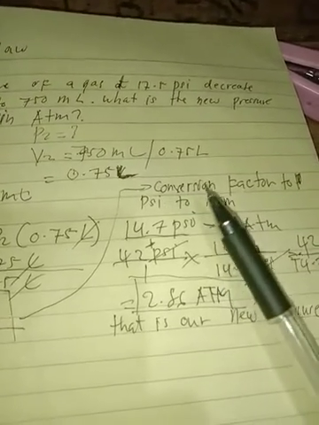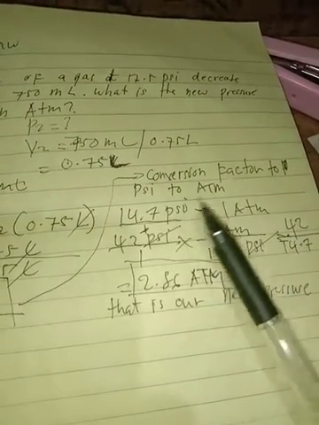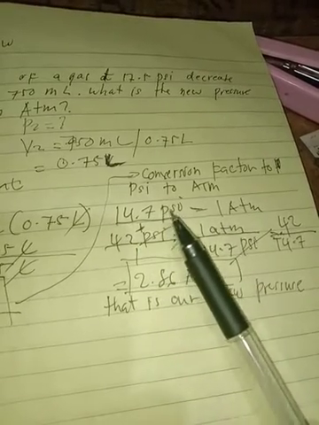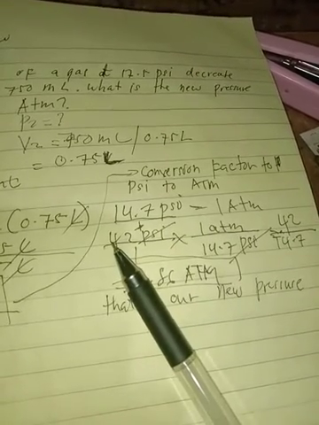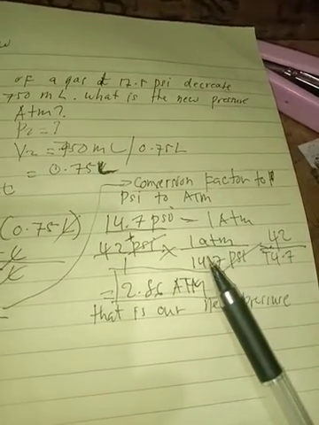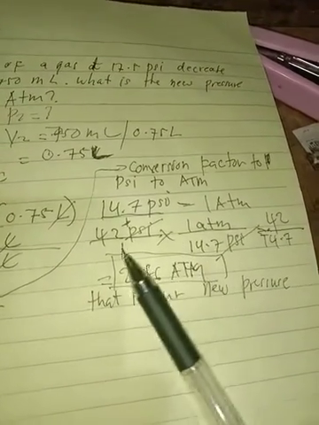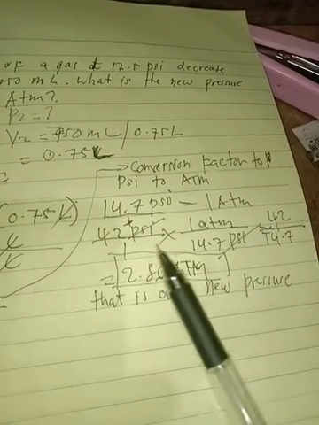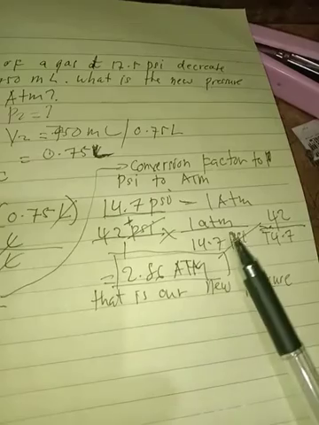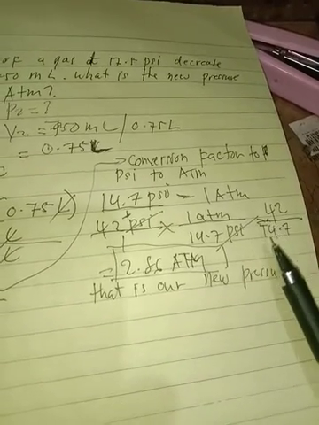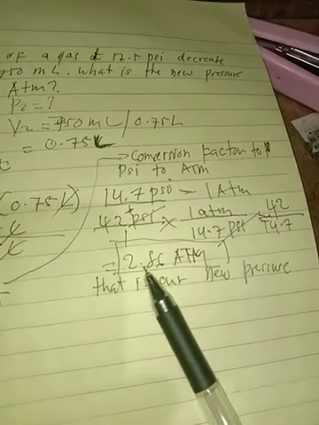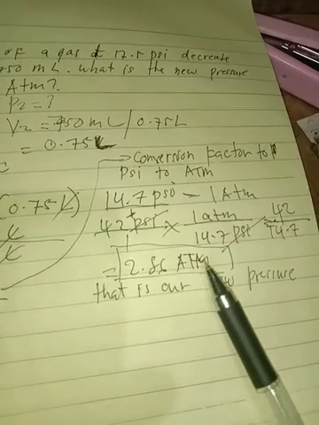So the conversion factor: remember that 1 atm is 14.7 psi. So 42 psi, then we divide, because the 14.7 psi is in the denominator. So 42 divided by 14.7, the answer is 2.86 atmosphere, atm.